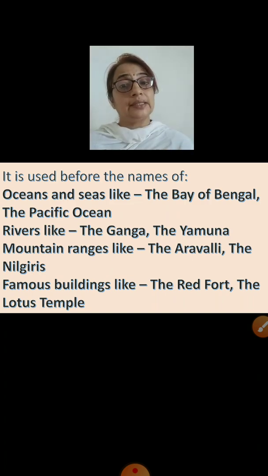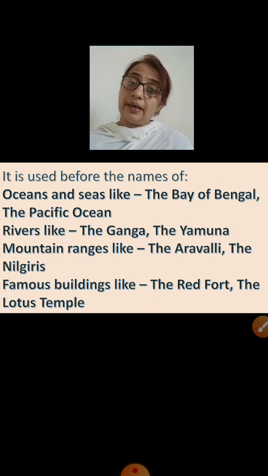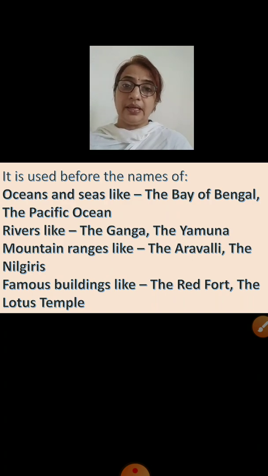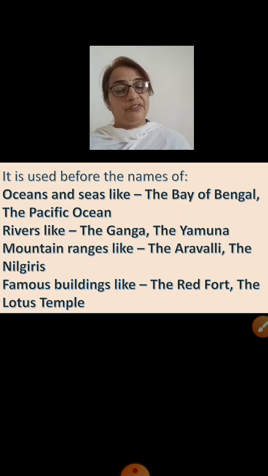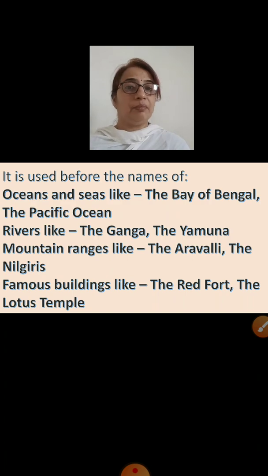Then mountain ranges like the Aravali, the Nilgiris, isn't it? Then the famous buildings like the Red Fort, the Lotus Temple. Remember children, the definite article the is used before the names of oceans and seas, rivers, mountain ranges and famous buildings.